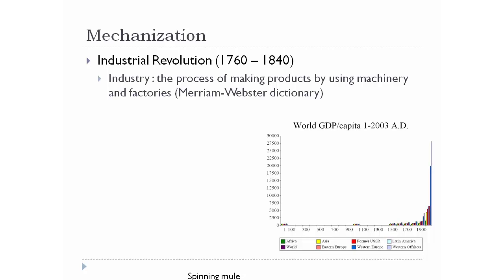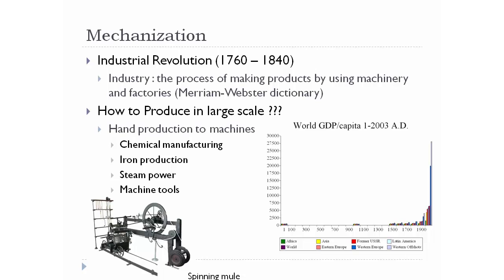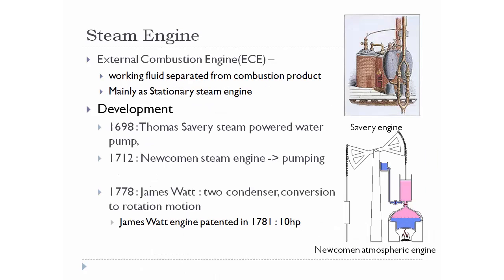In 1760, the Industrial Revolution happened, and because of that, those needs became much stronger, and we started to produce machines. At the beginning, there was the steam engine.